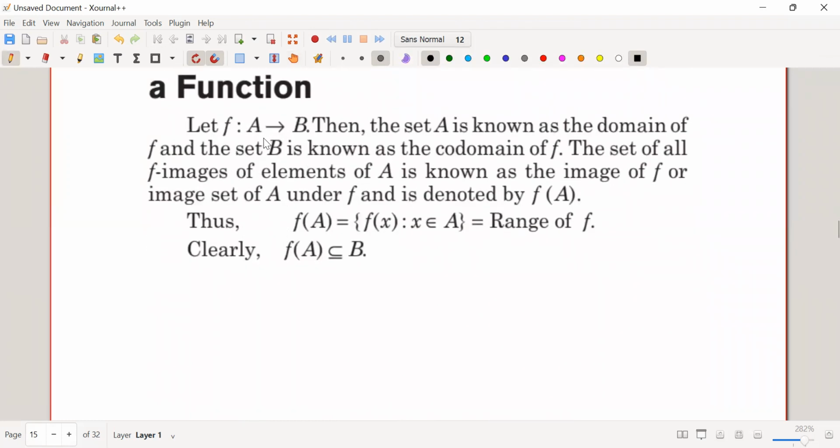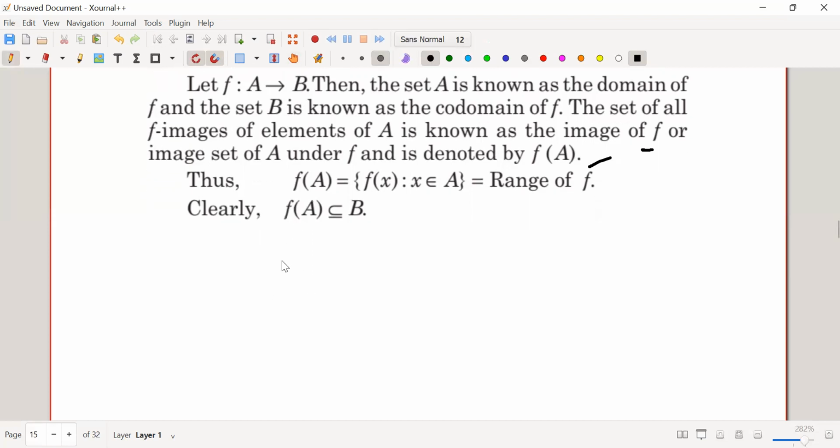Let F be a function from A to B. Then set A is known as the domain and set B is known as the codomain of F. Then the set of all images, the function images of elements of A, is known as the image of F, or the image set of A under F, denoted by F of A. Then what is a pre-image? The element in the domain from which the function maps, from which the image came, that is what we call the pre-image.